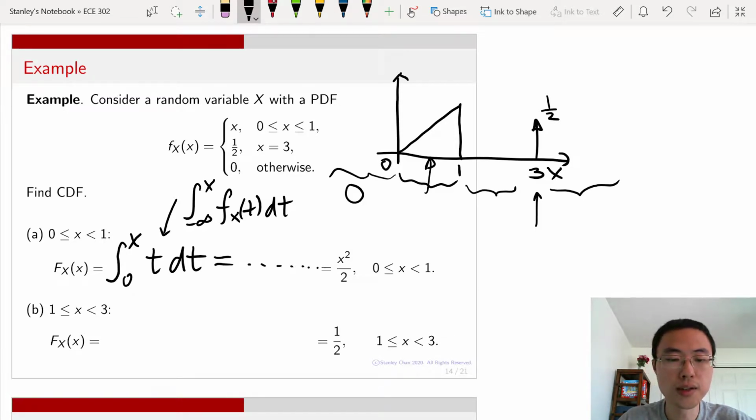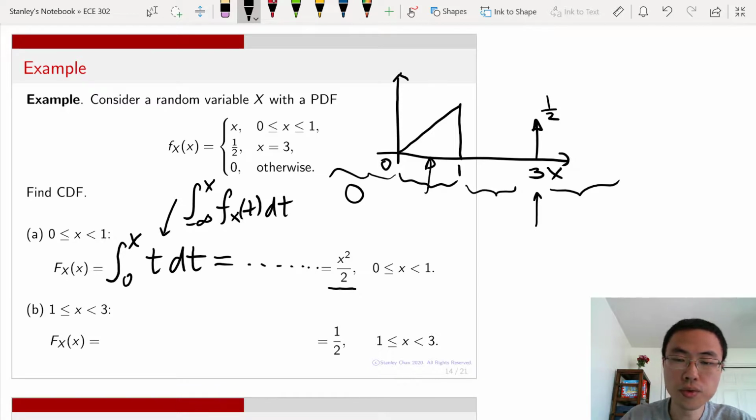It is integrating t dt from 0 to x. If you do it properly, you can show that it is x squared divided by 2. Now, how about the range where x is from 1 to 3? From 1 to 3, what do you have? Well, you have a 0 in your PDF. Now, starting from 1 to 3, what do you have?